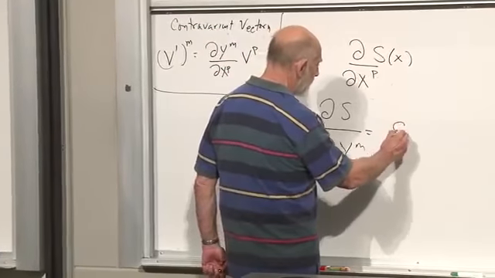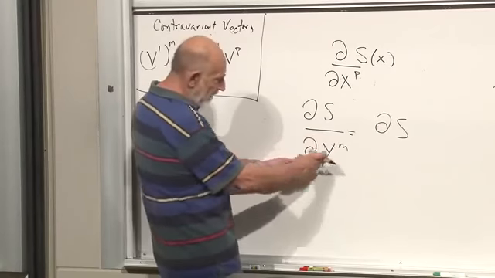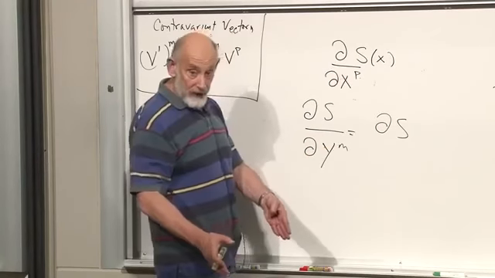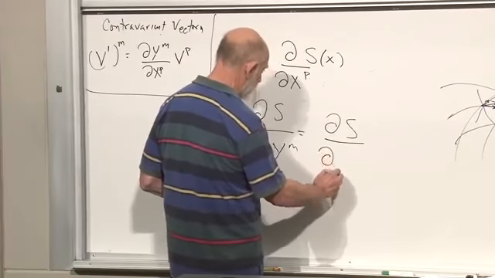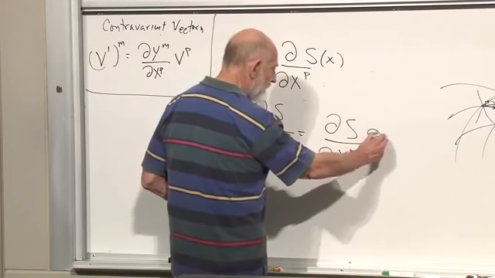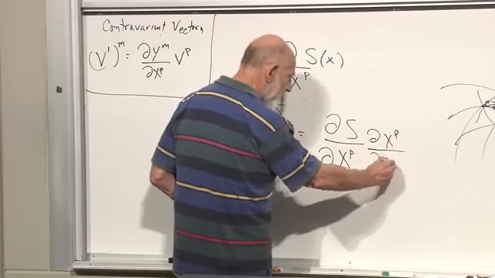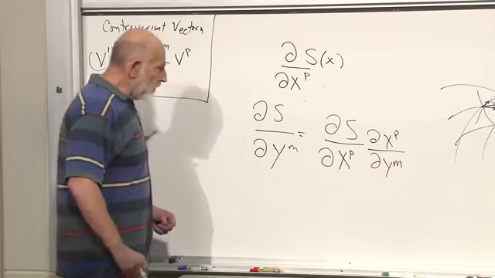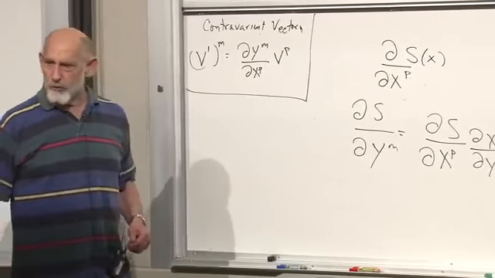The change in S, when you change y^m a little bit, keeping all the other components fixed, is just the derivative of S with respect to x^p times the derivative of x^p with respect to y^m. What is this rule called? It's some version of the chain rule.